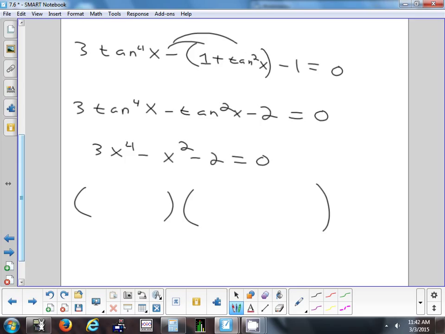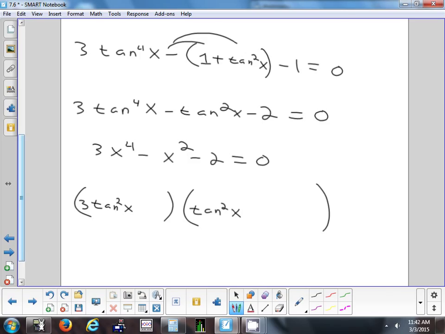So I agree you'd have a 3x, because you got to get that 4 somehow. So 3, yeah, you could do 3x to the second. Remember, x is tangent. So I'm going to do 3 tangent to the second. And what would have to go here? Just tangent to the second.